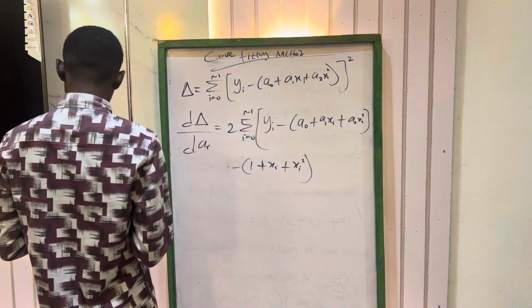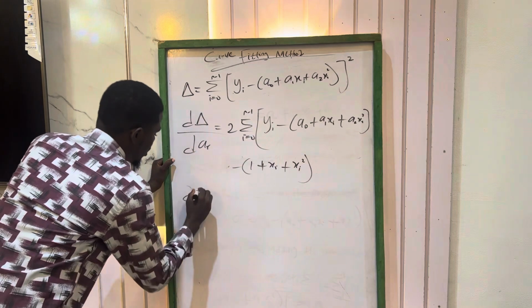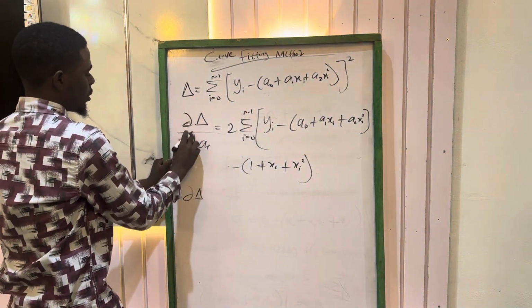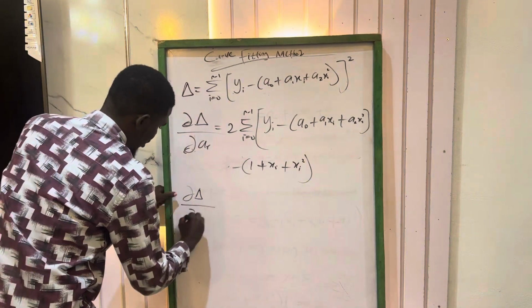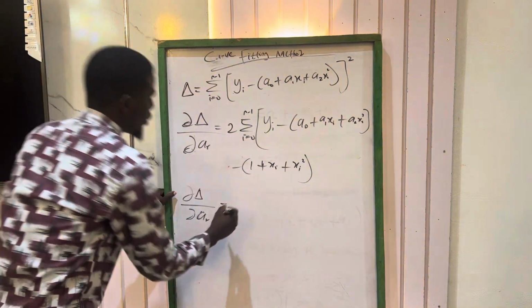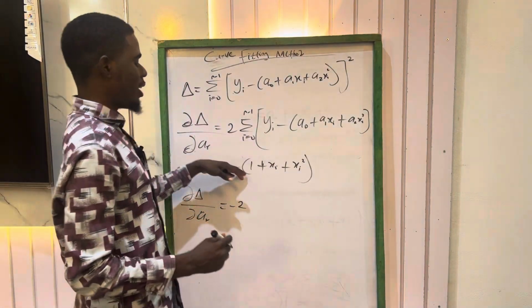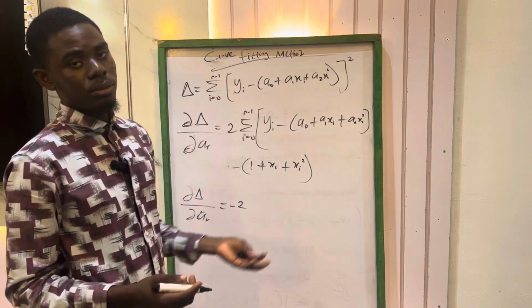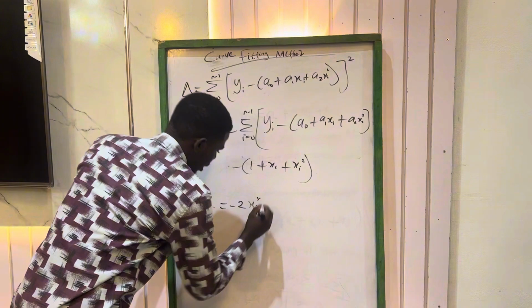So now, if you go further to simplify this, because it's a partial differentiation, our partial delta over partial a subscript r is going to be equal to, this minus can come up here, so we're going to have minus 2. Now, instead of writing this entire term always, we can represent it as x subscript i raised to the power of r.